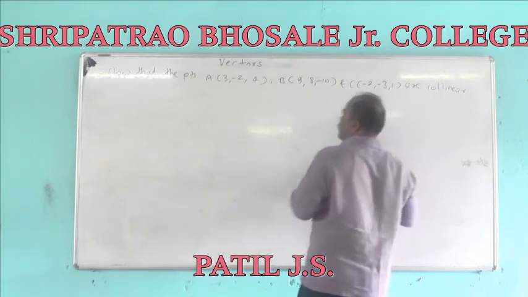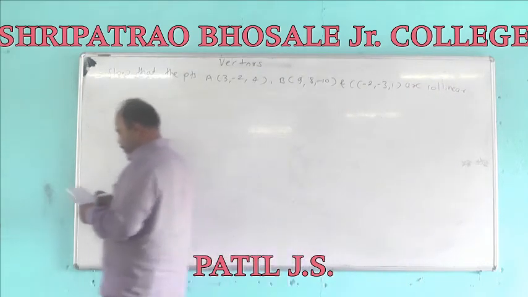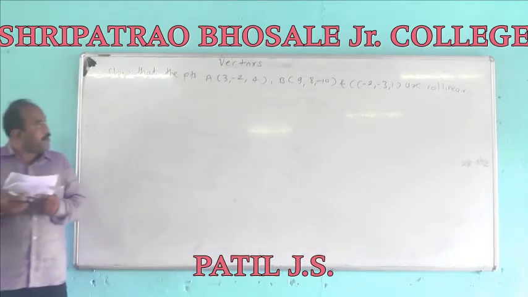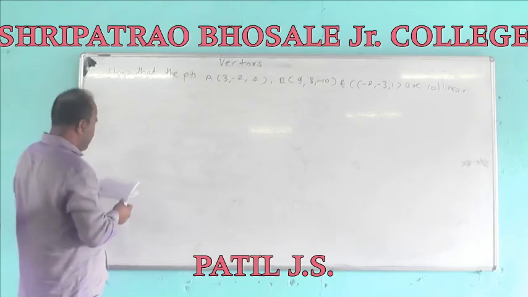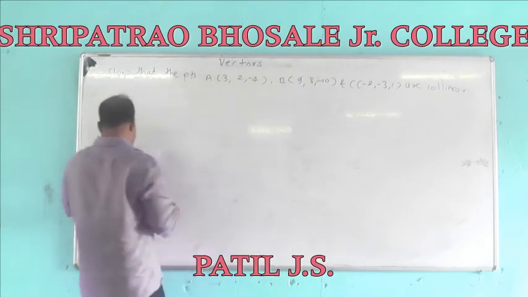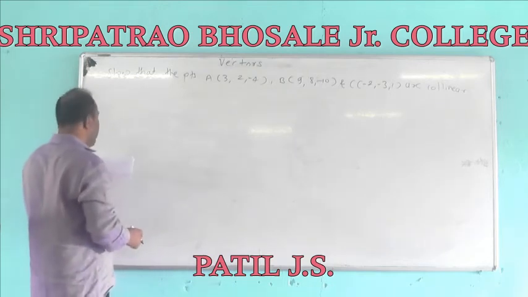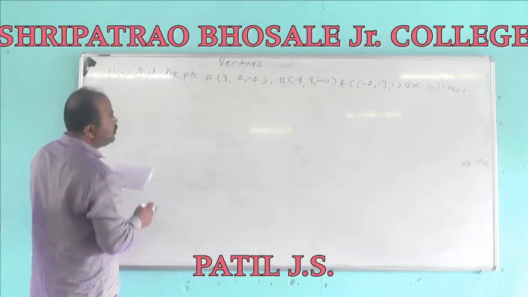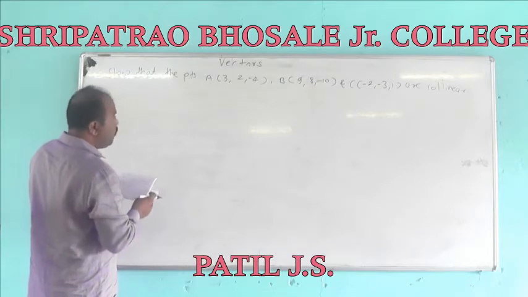So the given three points A, B, C are collinear. A point is (2, -4, 9), B (9, 8, -10), and C (-2, -3, 1).